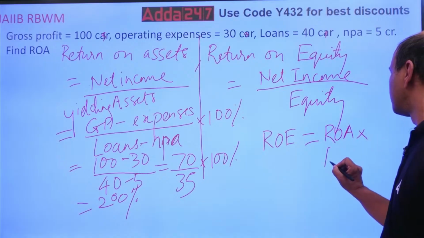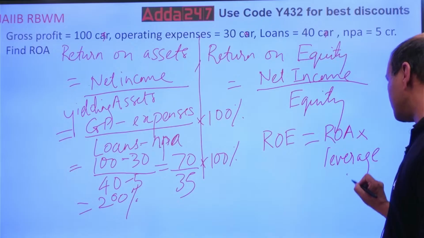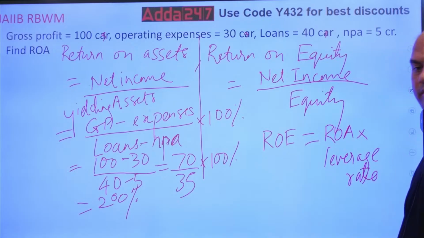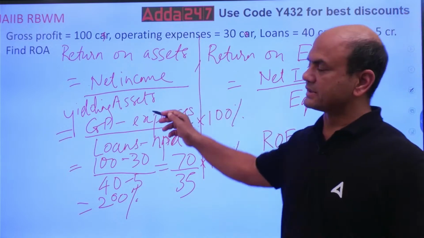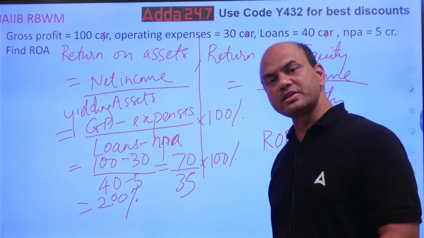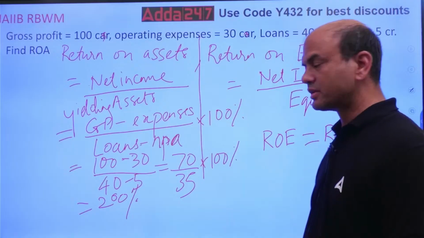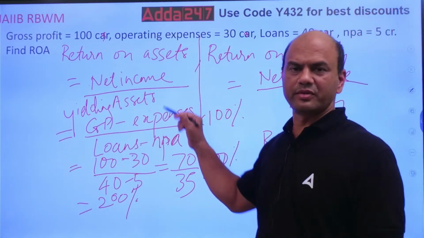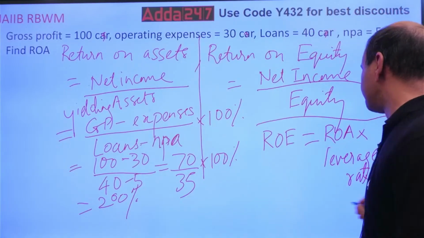This might also come in the exam because it's in your portion. What is ROA? Income upon assets. What is leverage ratio? Assets upon equity. Consider the same yielding assets.